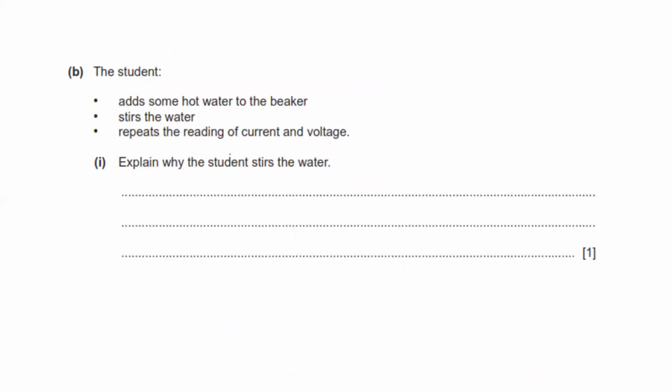So explain why the student stirs the water. What is the reason? The stirring basically distributes the heat energy uniformly across the water. The student is doing this because the thermistor is a temperature dependent device, and unless the whole water is at the same temperature, the resistance will not be stable enough, and the voltmeter and ammeter readings will keep changing until the thermistor settles to a specific value.